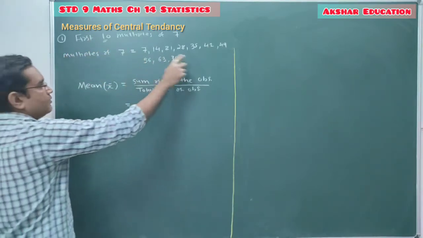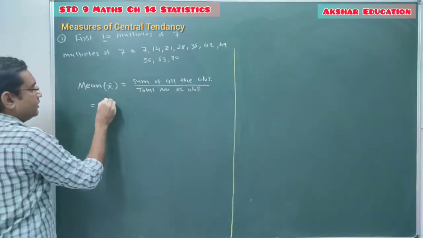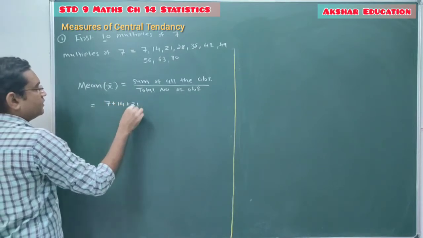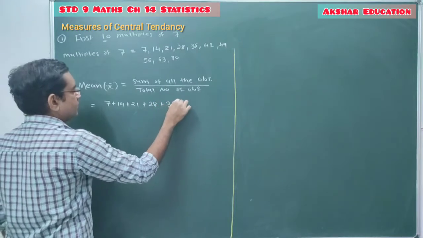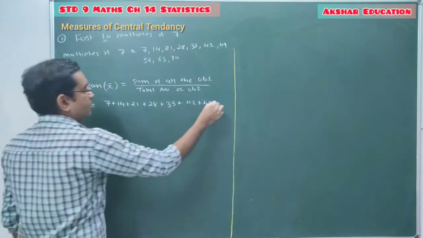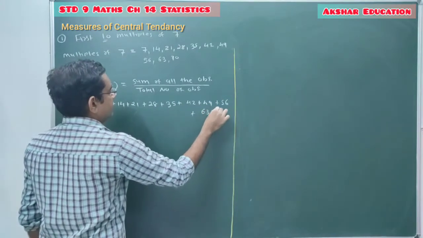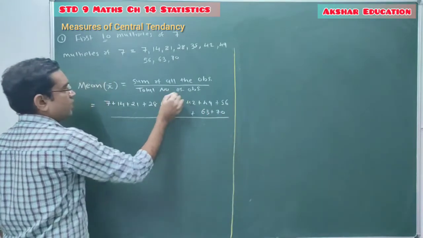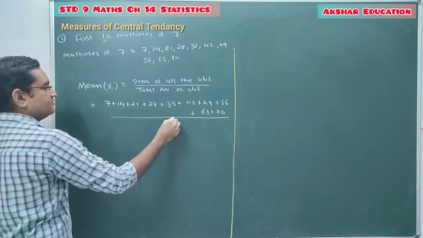So you have to write the sum: 7 plus 14 plus 21 plus 28 plus 35 plus 42 plus 49 plus 56 plus 63 plus 70, divided by the total number of observations. First 10 multiples, so it's 10.